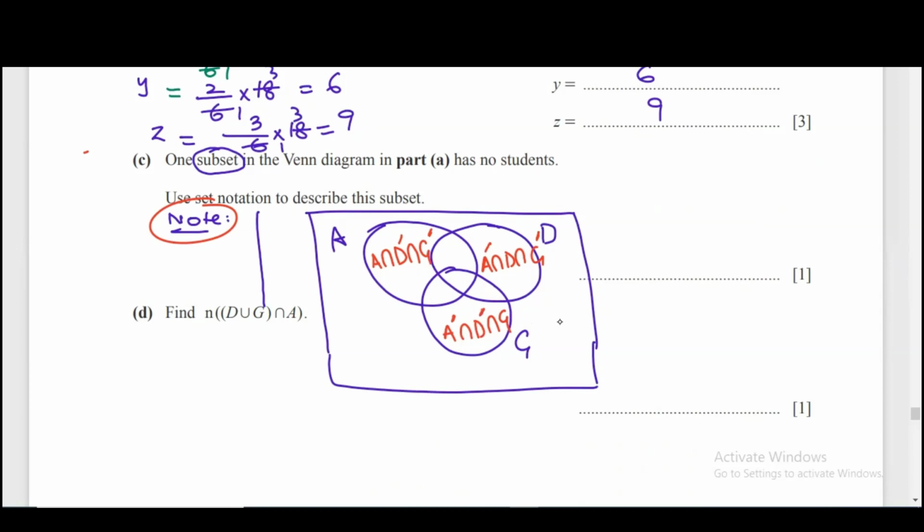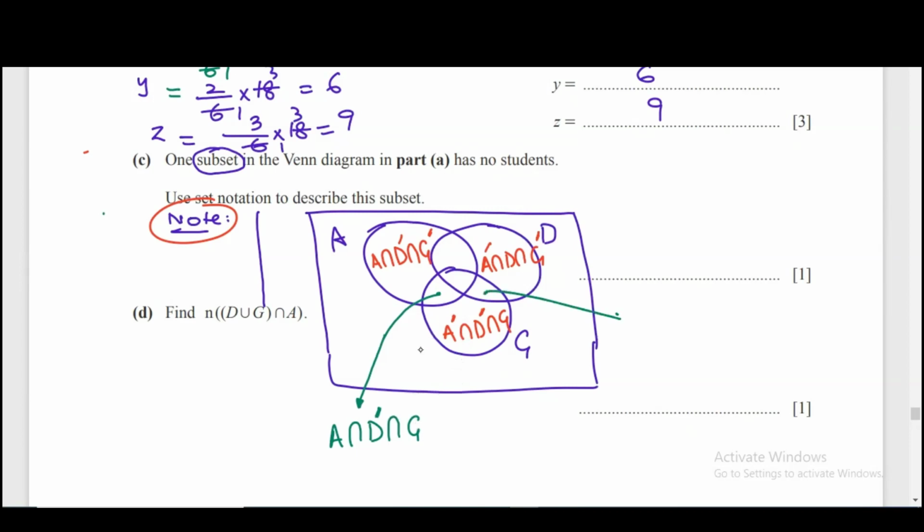Now, what about this part? This region is also A intersection D intersection G, but it is beyond set D. So beyond set D means you have to write D complement. What about this part?